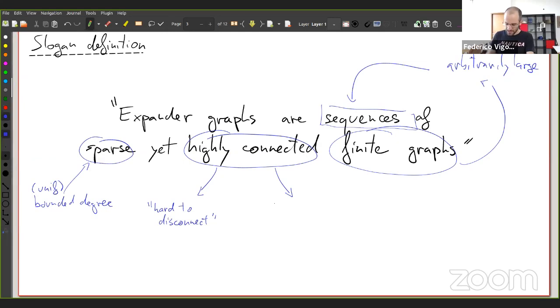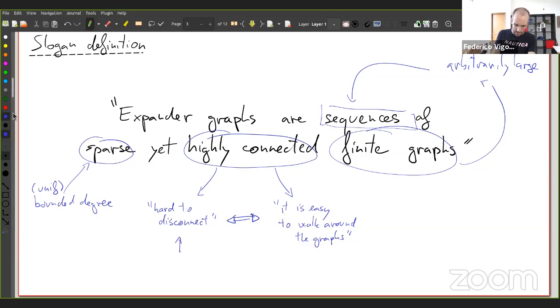That is, roughly speaking, that it is easy to walk around the graph. And those two points of view are indeed equivalent. And so, as I said, this is today, and this is tomorrow.